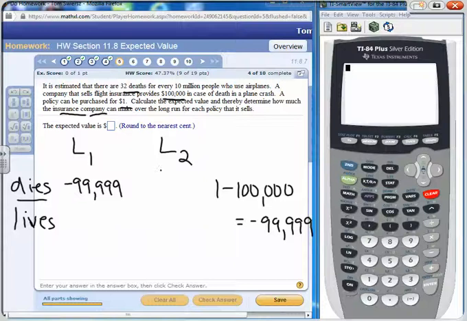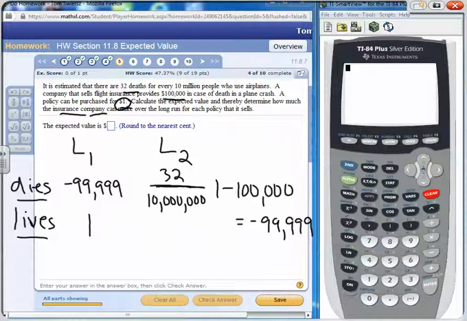It is 32 deaths out of 10 million. Okay? Now, if the person lives, then the insurance company doesn't have to pay out anything. They keep the $1, so they make $1. Now, remember, the person either dies or lives during the plane crash.